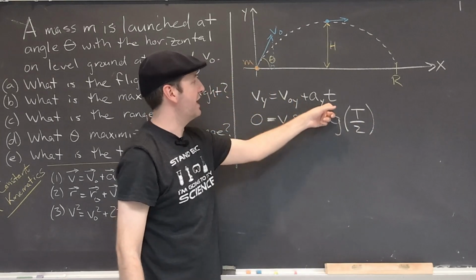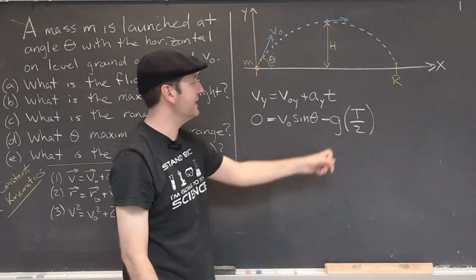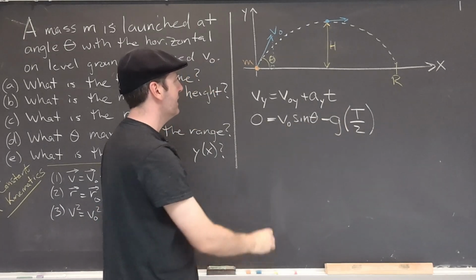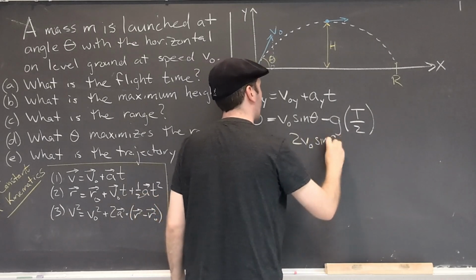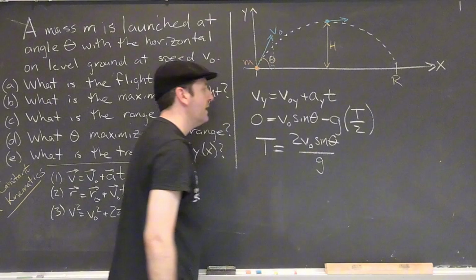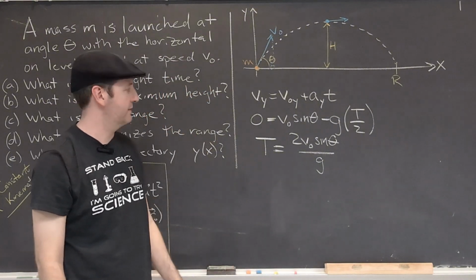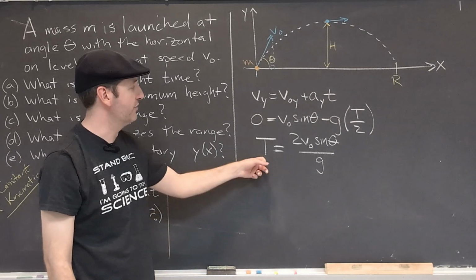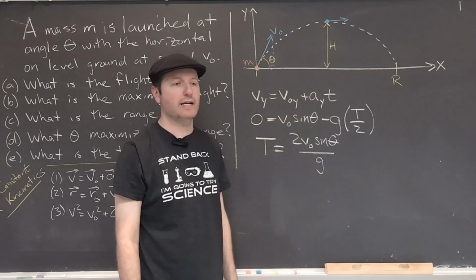Which means that this time, the time to reach the max height, is actually half of the total flight time. So we need a capital T over 2 here. This is easy to solve. And we end up with a very similar formula to the one-dimensional kinematics condition on the total flight time. The only extra factor is this sine theta, because it is being projected at an angle.